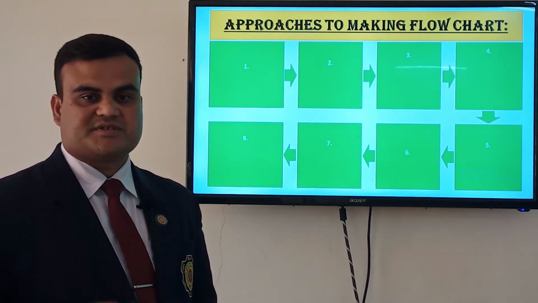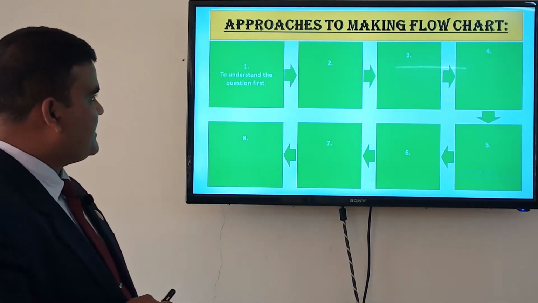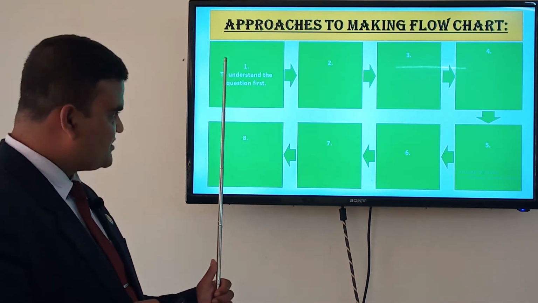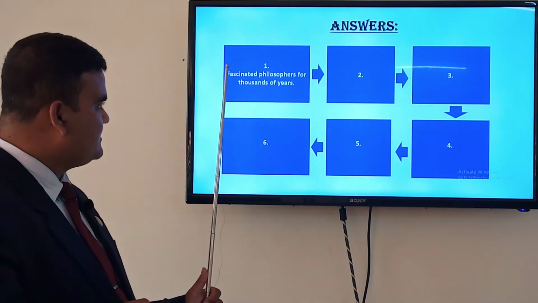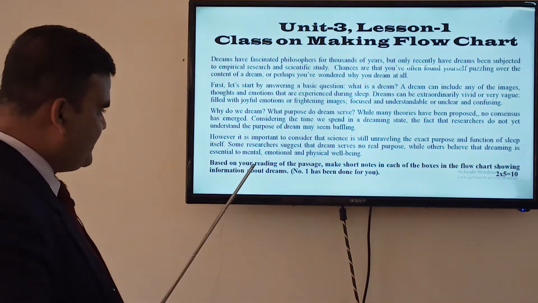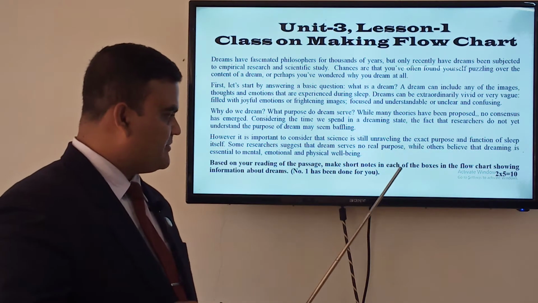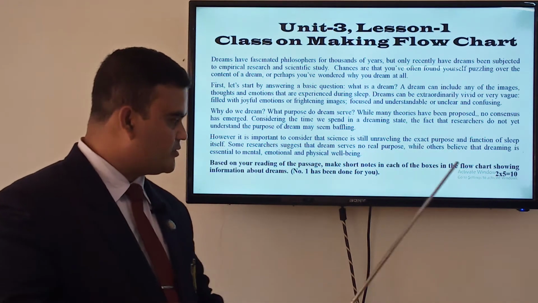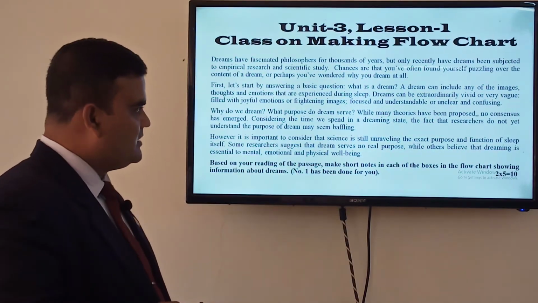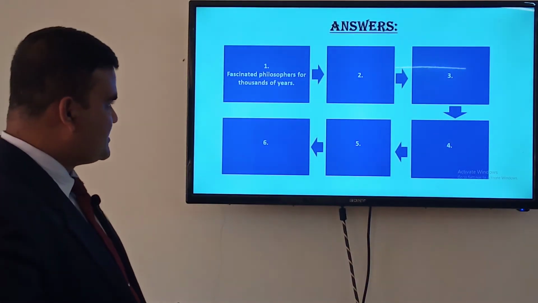So the first approach is to understand the question first. The question as it is given here is: based on your reading of the passage, make short notes in each of the boxes in the flowchart showing information about dreams. This is the question.